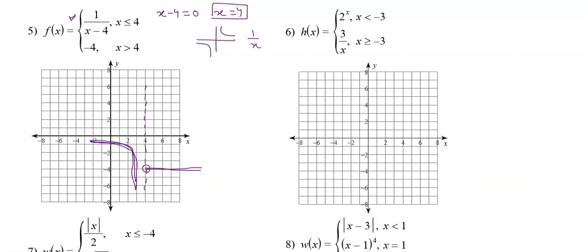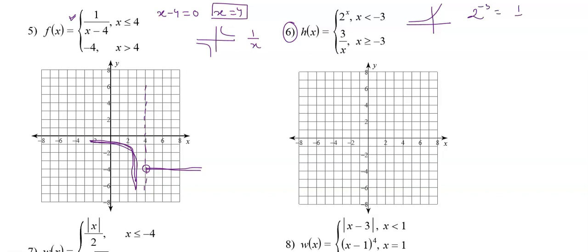The graph of 2 to the power x looks like this. We have learned this before. But this is defined when x is less than minus 3. So at x equal to minus 3 we'll check what y gives. 2 to the power negative 3 will be 1 over 2 cubed, which is 1 over 8.